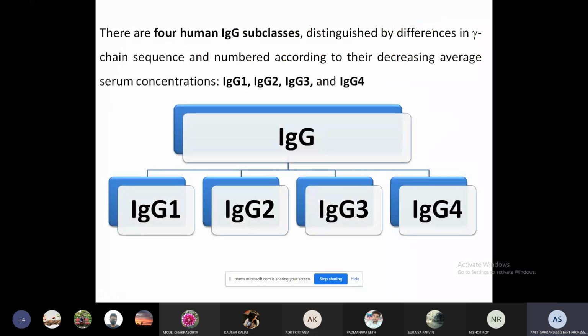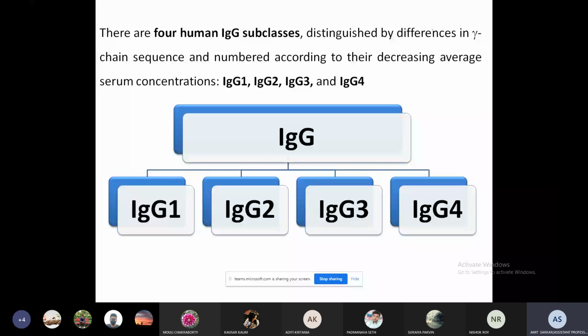Okay, so now immunoglobulin G can be classified into 4 different subclasses: 1, 2, 3, 4. That is based on what type of gamma chain sequence is there. So there is no point in discussing those in this class. Just think of immunoglobulin G as one type of immunoglobulin that can be further subdivided into 4 types: 1, 2, 3, and 4.